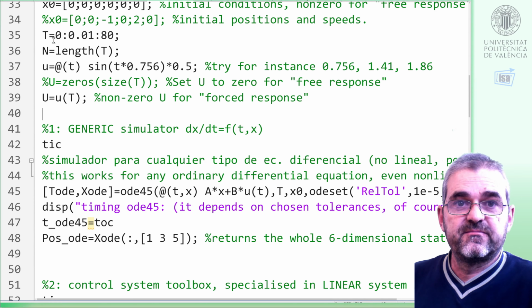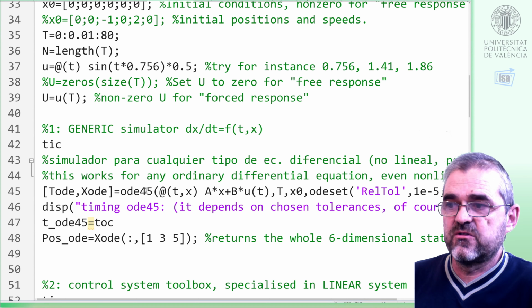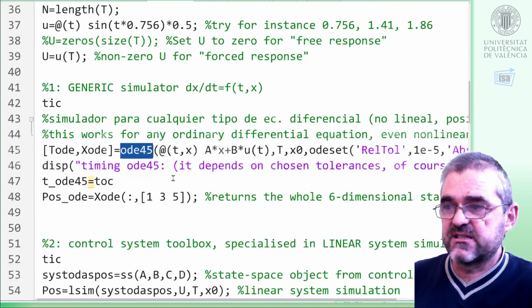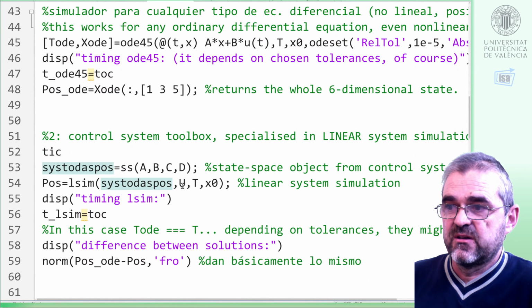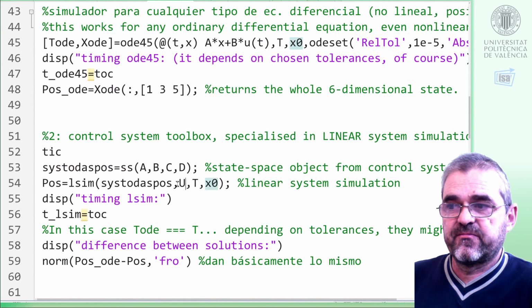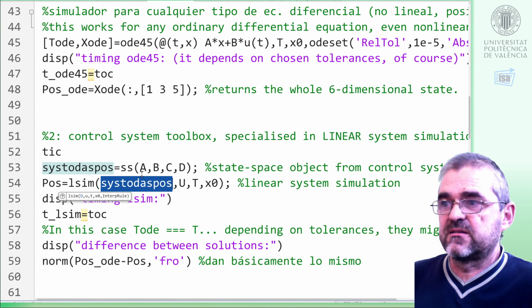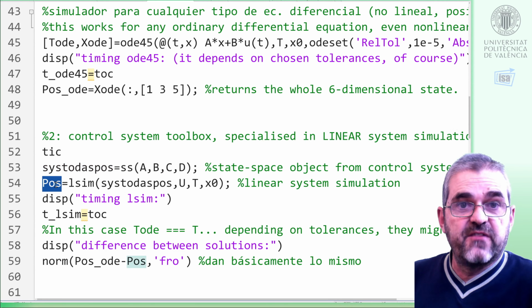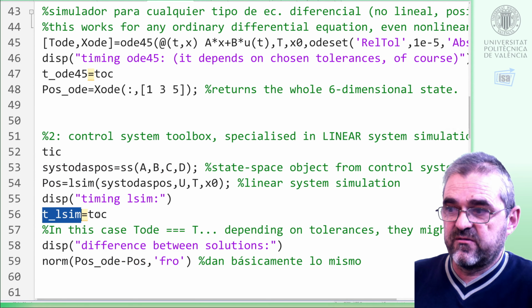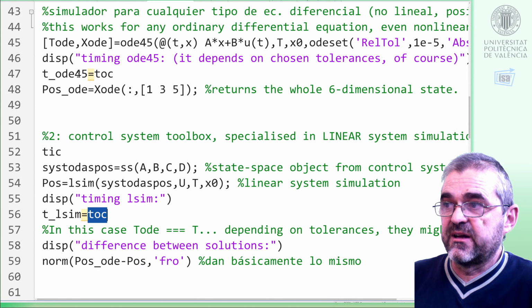Each programmer decides how to interface with the user, and the user interface of ode45 is different from that of lsim. Well, okay, anyway, we give the initial conditions, the input, and the simulation times, and the object with this matrix data inside, and it gives me the positions, and, well, with tic-toc, I can time how long it takes to execute to compare with ode45.